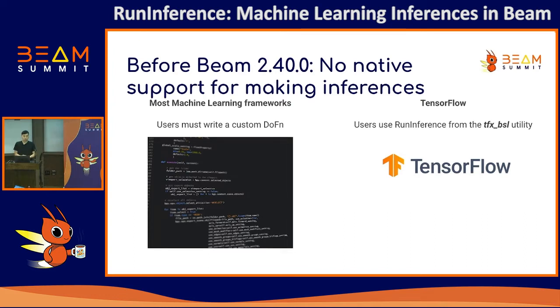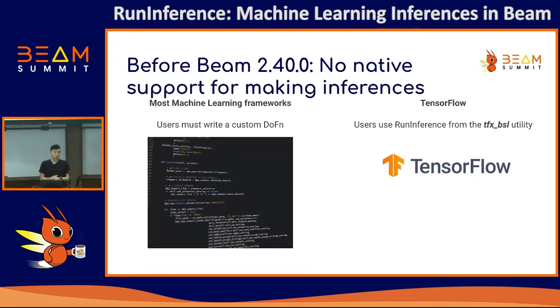One exception to this is the TensorFlow RunInference transform. Like Harry mentioned earlier in our keynote, TensorFlow users can use a library that TFX has written within their TFX-BSL repository, and this contains a utility class to make inferences. However, with this route, there are some existing friction points. Firstly, it's not hosted in the Beam repo.